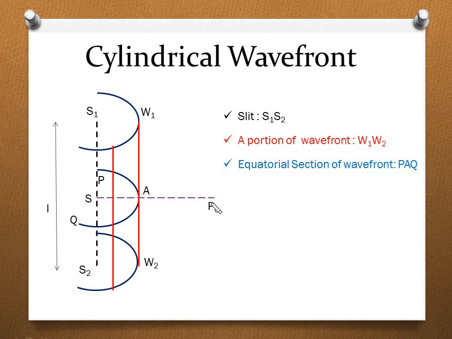I have discussed many times that when you join the source point with the point of observation, it intersects the wavefront, and the point at which it intersects is called the pole of the wave with respect to that point of observation.